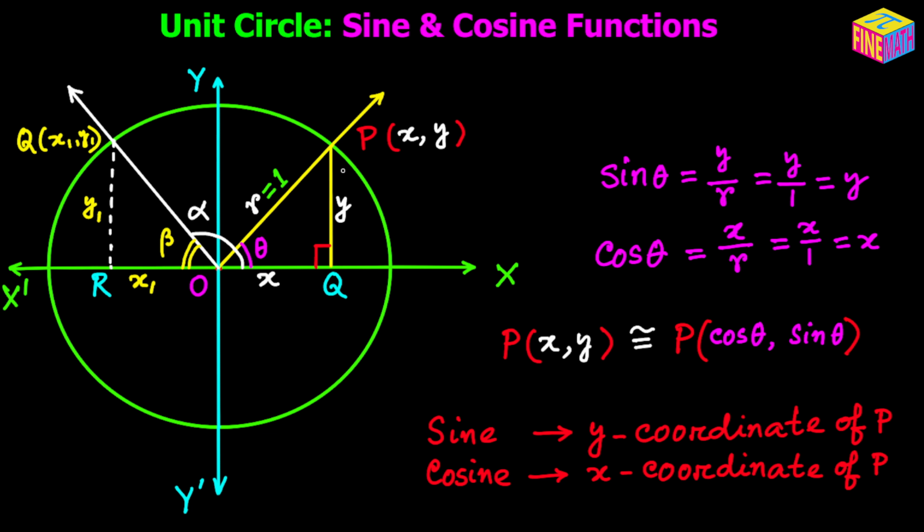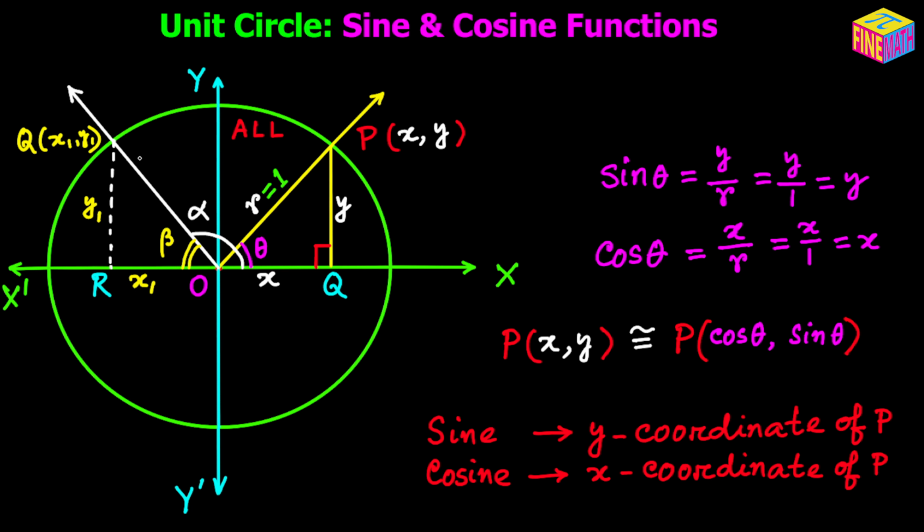That means in the first quadrant all of the trigonometric ratios will be positive. So I am going to indicate that with a red notation: all trigonometric ratios for angles in the first quadrant are positive. I am writing all. So all ratios will be positive in the first quadrant.